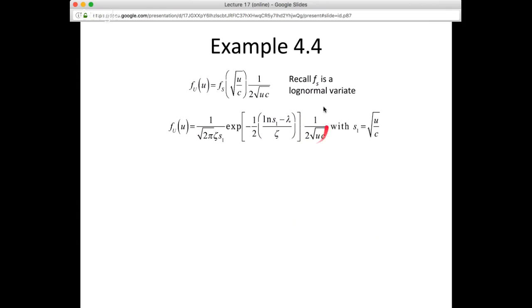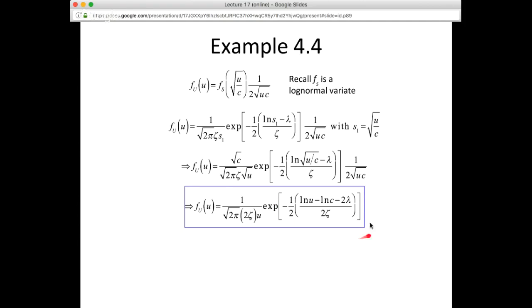Then we just multiply by the 1 over 2 square root UC, because that's our derivative of the G inverse with respect to U. And our one root that we're considering is square root U over C. So we substitute those in, do a little bit of rearranging, and we finally end up with this relationship for the derived PDF of U in terms of zeta and that constant C, which is a sort of lumped constant consisting of other terms.